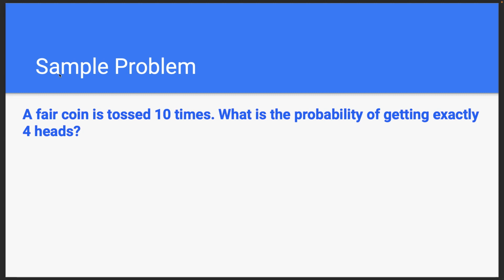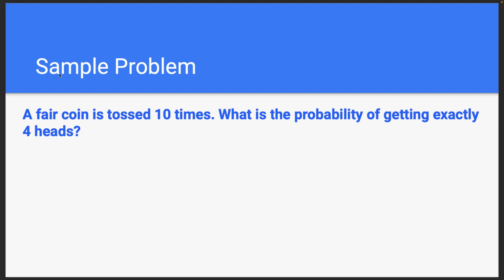How many different situations may come out when we toss a coin 10 times? You mean also the order of the outcomes? No, the order is not important.